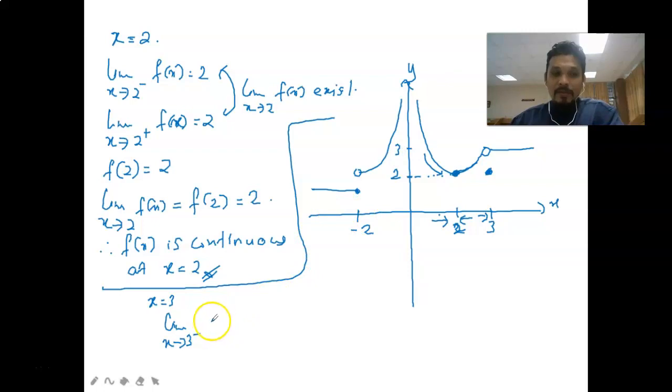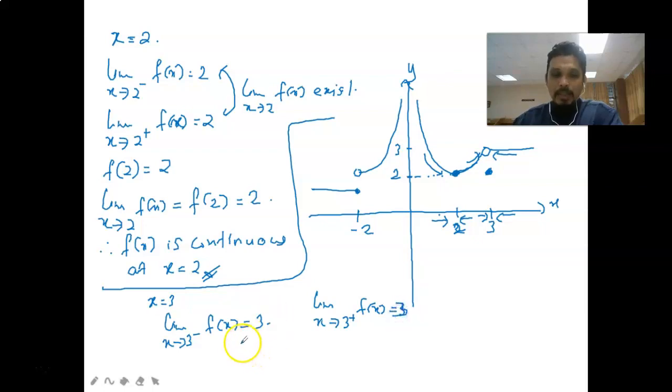And also the limit as x approaches 3 from the right of the function f(x), when x approaches 3 from the right, look at this one here now, is also approaching a value of y equal to 3.